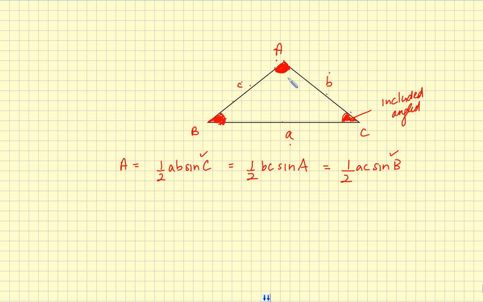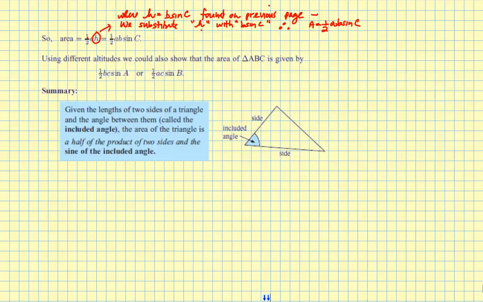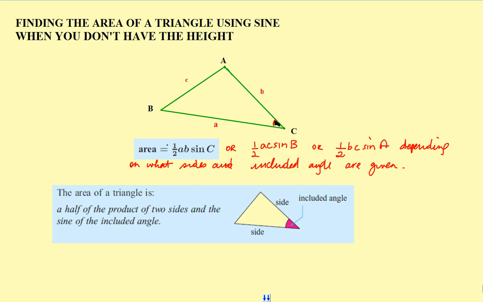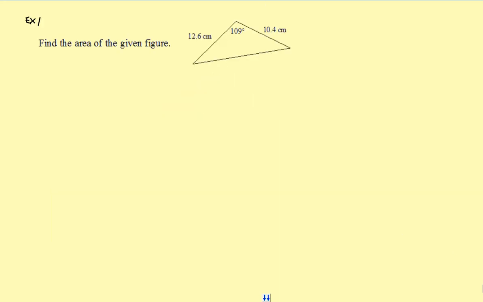Okay? All right. So I think we just need to do an example. The example certainly helps somewhat. So let's do an example very quickly. Here's an example: we've got 12.6, 109 degrees, and 10.4.